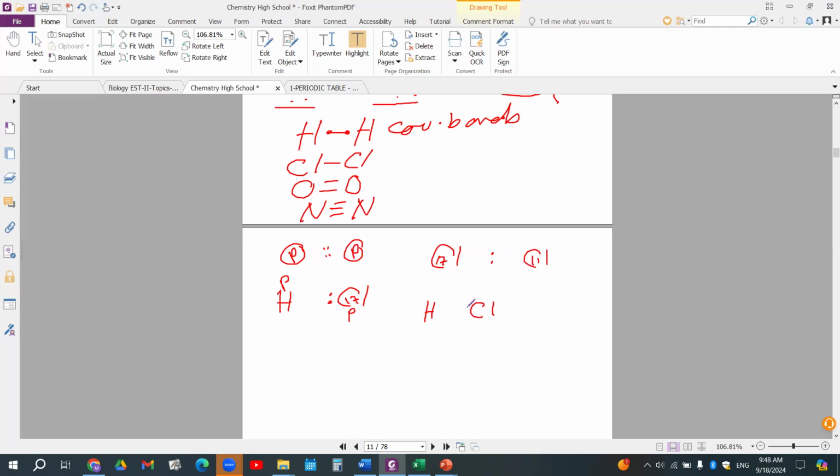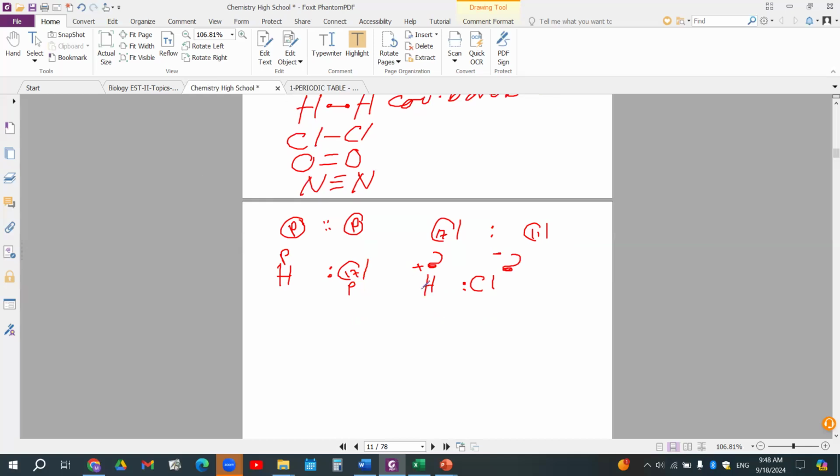The electrons will be attracted here. So the hydrogen side will be slightly positive and the chlorine side will be slightly negative because electrons are attracted here. It is a molecule, yes, a molecule with a covalent bond.